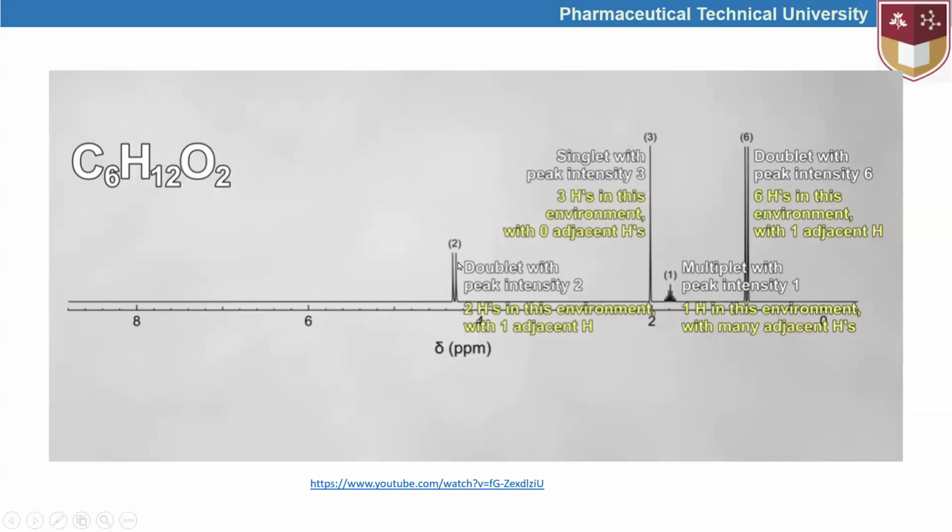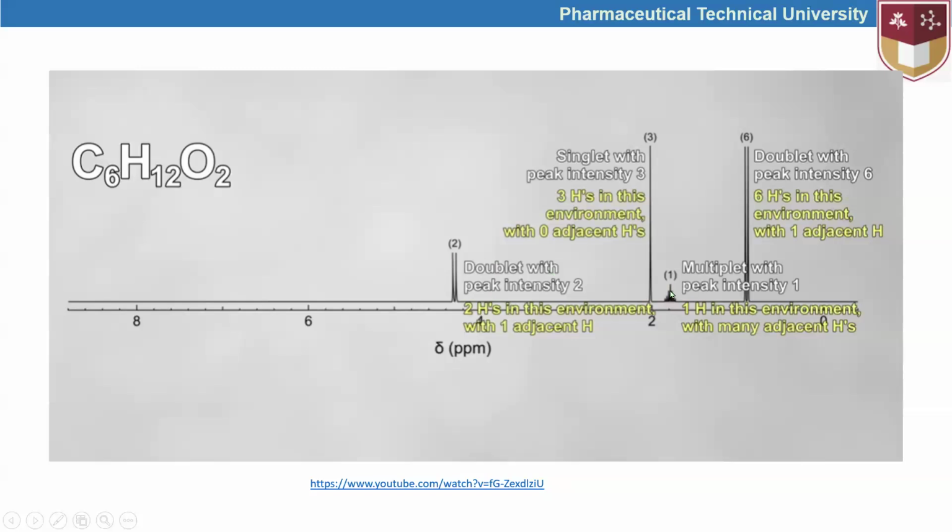It has one adjacent hydrogen as indicated here, doublet, one adjacent, and the number of hydrogens in that group is 2 because peak intensity as indicated here is 2. Okay, and here multiplet with a peak intensity 1.